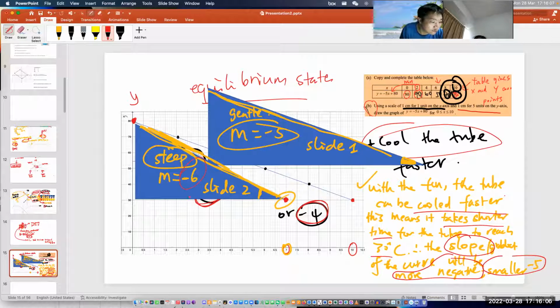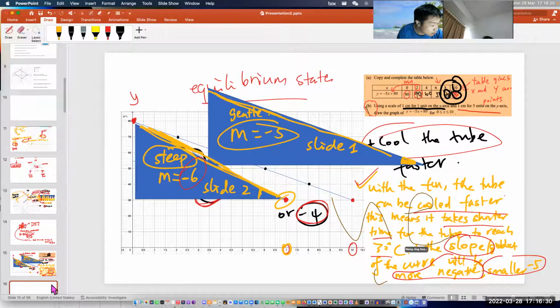So it's definitely -5.5, -5.6, or -6, -7. So that's how you explain this question. Are you clear? Are you clear now? Okay, good.